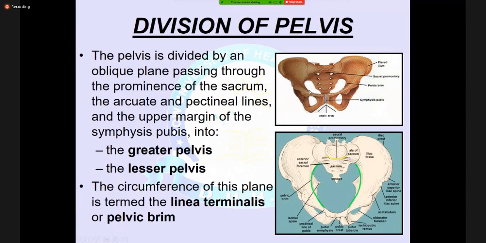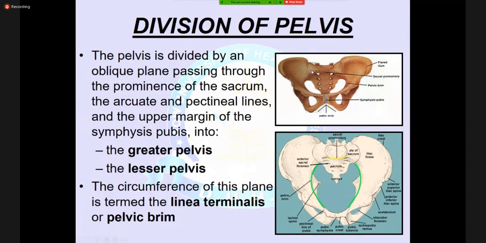This is the area which divides the pelvis into the upper pelvis over here, formed of the ilium, upper part of the sacrum, and the superior pubic ramus, and the lower pelvis, which lies underneath the pelvic rim over here. So this is the greater pelvis, and the area below this oblique setting is the lesser pelvis or the true pelvis.